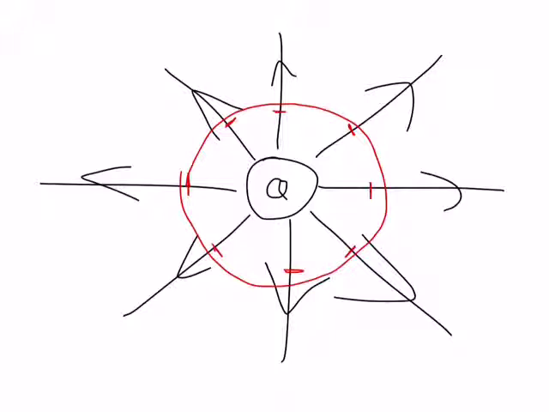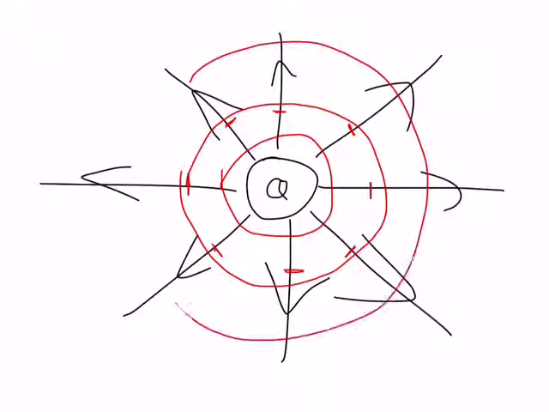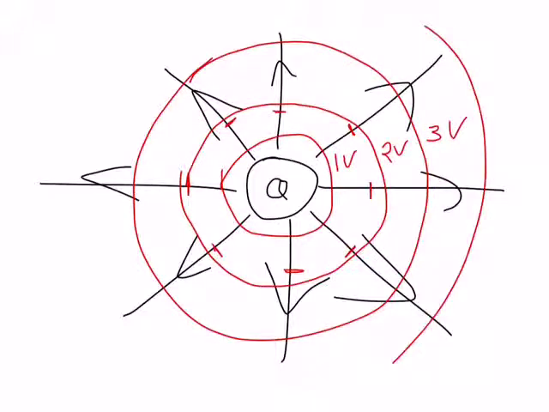In this case, a circle, okay? There's a whole set of circles around this that are all equipotentials at different potentials. This might be 1 volt, this might be 2 volts, this might be 3 volts, and so forth. This might be 4 volts. It keeps going out farther and farther.